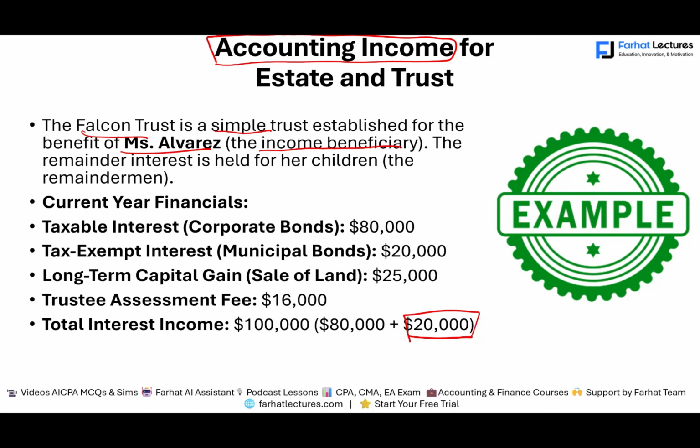Because we need this figure later on when we compute the taxes for the estate and the trust on Form 1041: how to find the taxable income, how to find the taxes, how to find something we call the income distribution deduction. So all of those are related, but they start with accounting income. Let's go ahead and solve this problem using three different scenarios and computing accounting income. Let's go ahead and get started.